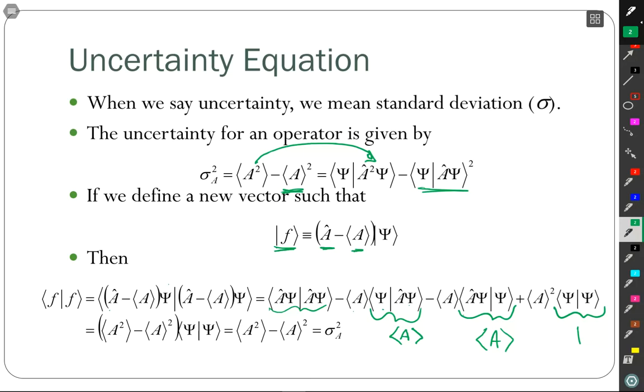Oh, yeah, that's going to be, because A operator psi, A operator psi, you can do the Hermitian conjugate and move the two together, and that's A squared. And so we have two of these A squareds and minus two of these expectation value of A quantity squared.